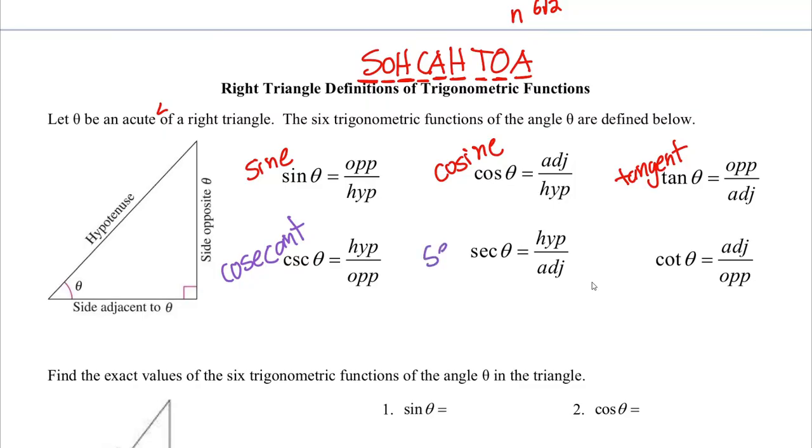The secant corresponds with cosine. So if cosine is the adjacent over the hypotenuse, secant would be the hypotenuse over the adjacent. And then we also have cotangent, which shockingly enough corresponds with tangent. And so that is the opposite of tangent, so the adjacent over the opposite.